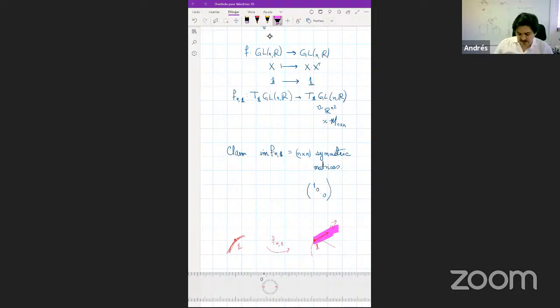I'm taking any vector, meaning a symmetric matrix, in particular this one. Then you can find a curve here. When you compose, you get this.